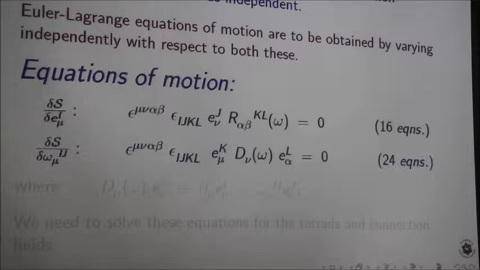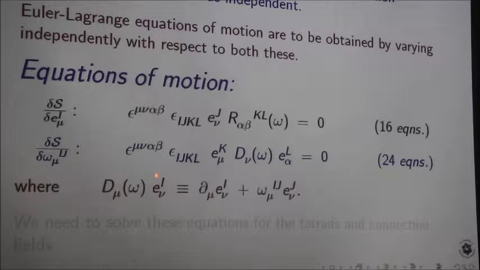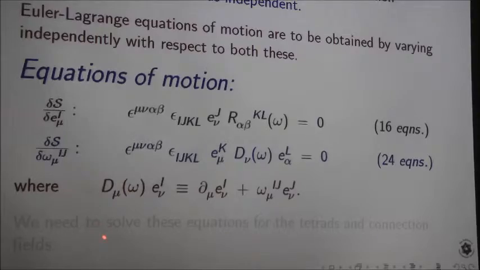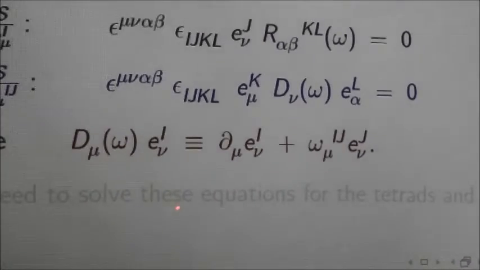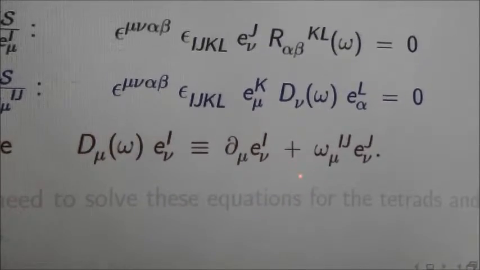When you vary with respect to the connection, you have the equations of motion epsilon mu nu alpha beta epsilon ijkl, tetrad e mu k, covariant derivative D nu of tetrad e alpha l, and these are 24 equations. The covariant derivative here is covariant with respect to the local SO(4) transformation. There is no Gamma here.